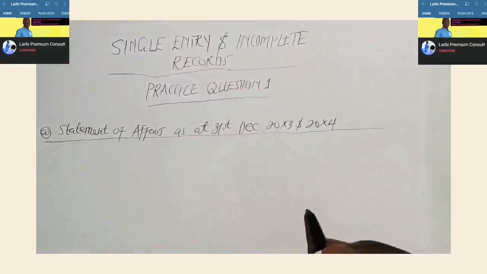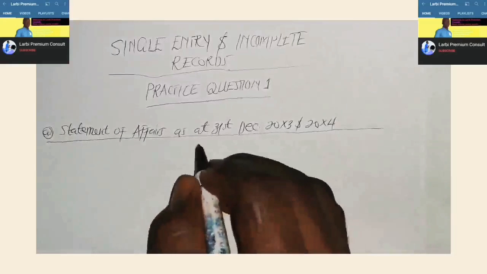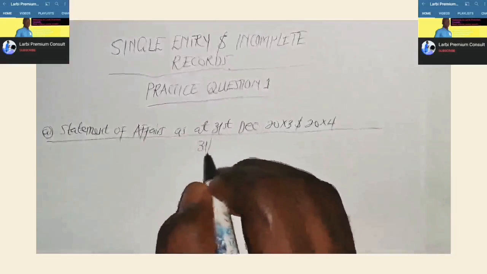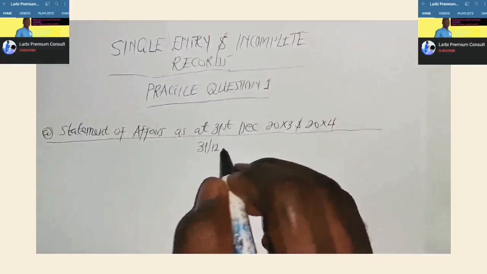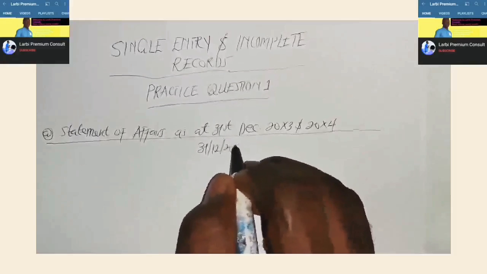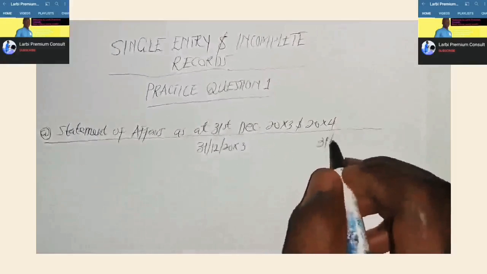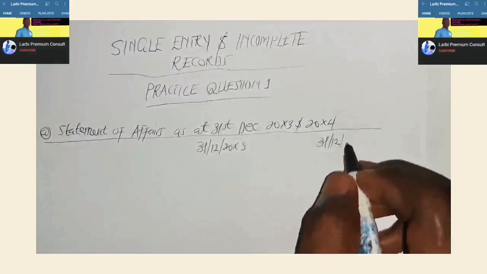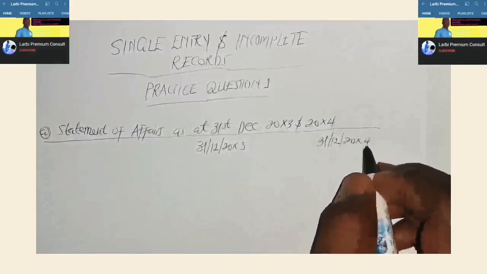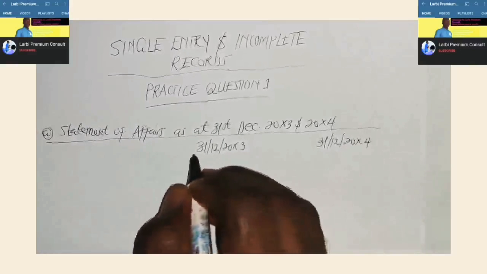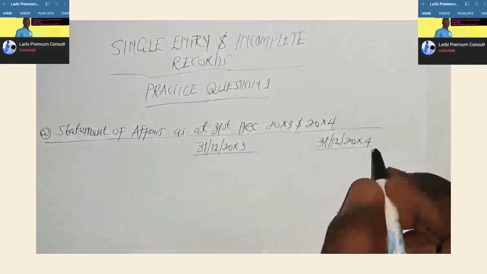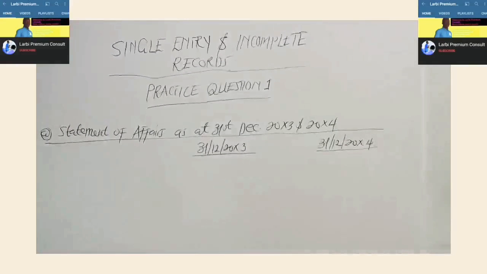So in that case, this is what I'm going to do. I'm going to have 31st December 20X3, and I have my 31st December 20X4. So I'm having these in that case, because that's what I'm asked to prepare.